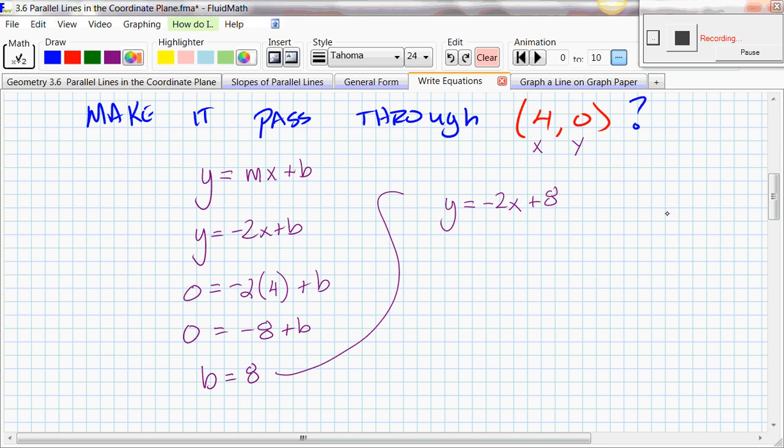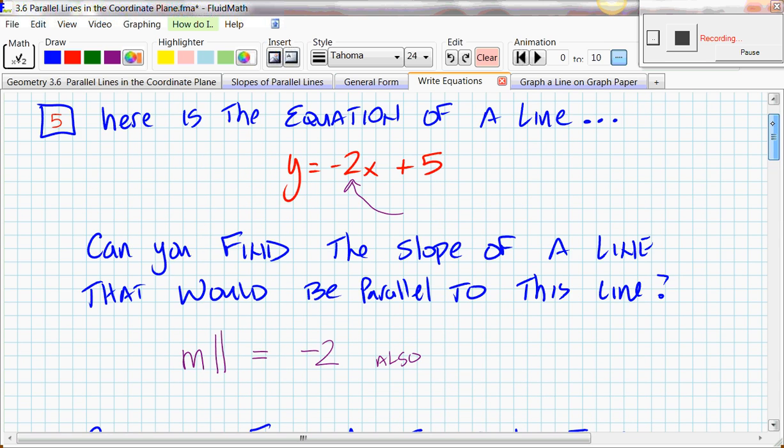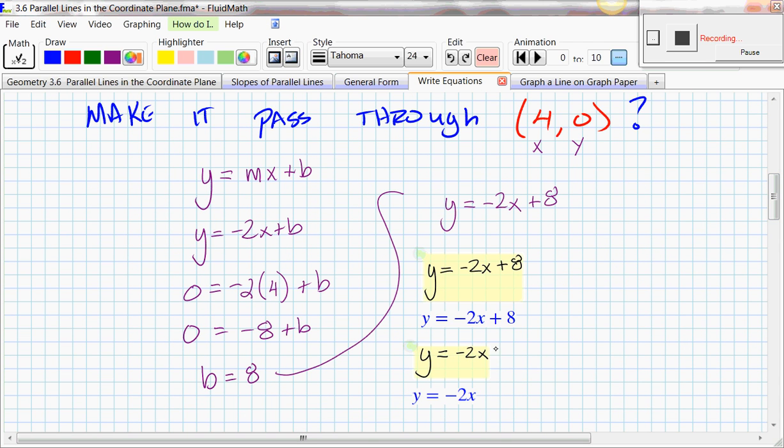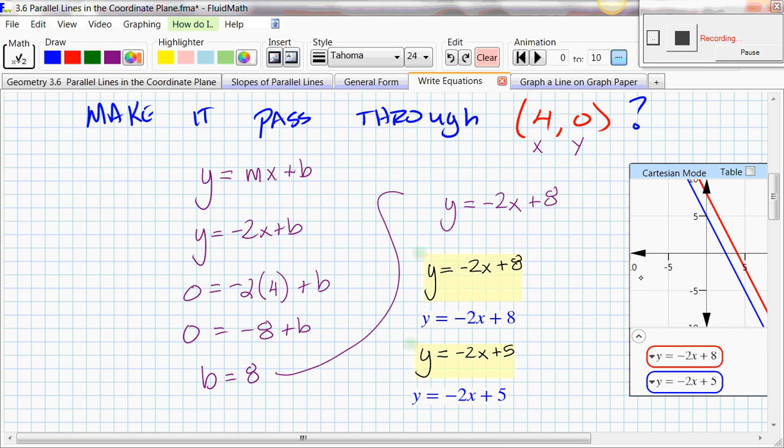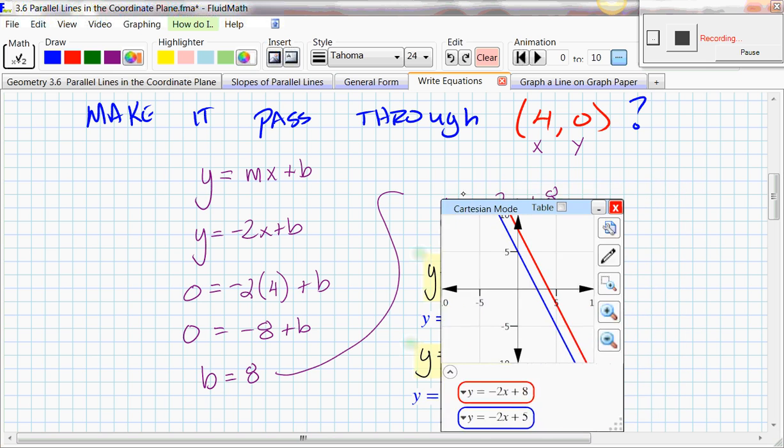So I had y equals negative 2x plus 8. And the other one I had was y equals negative 2x plus 5. Okay, so let's graph this line, and let's graph this line, and let's take a look at them.